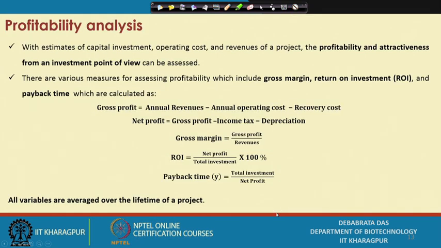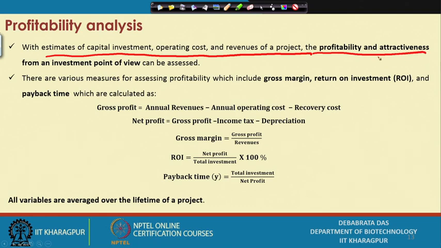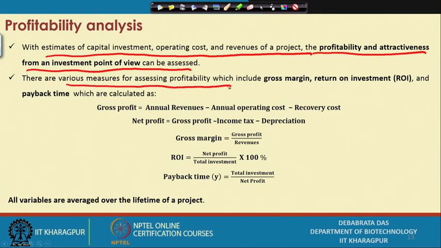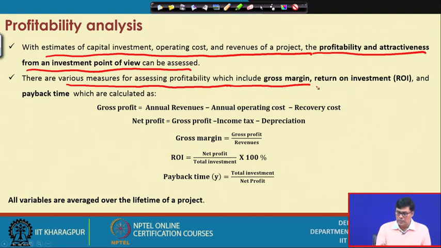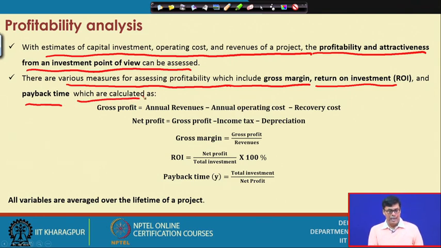Now, the profitability analysis that I was talking about: at the end of the day we look for the profit. With the estimates of capital investment, operating cost and revenue of a project, the profitability and attractiveness from an investment point of view can be assessed. There are various measures for assessing profitability, which include the gross margin, return on investment, and payback time, which are calculated.